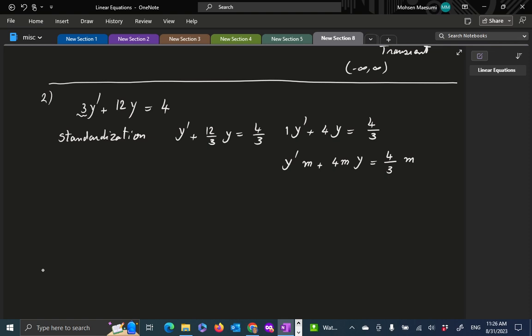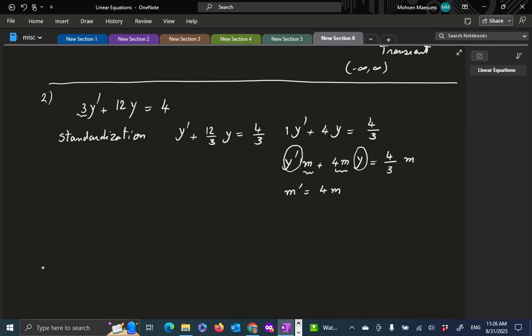So in the product rule, you have something and its derivative, and these two have to play the role that the derivative of this one has to be that one. Don't get it wrong. m prime has to be 4m.